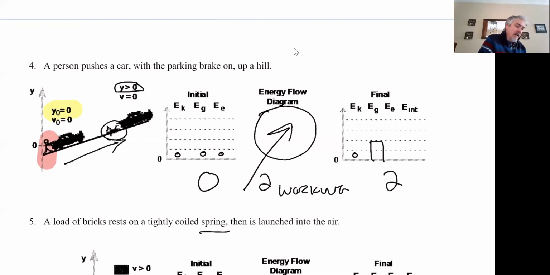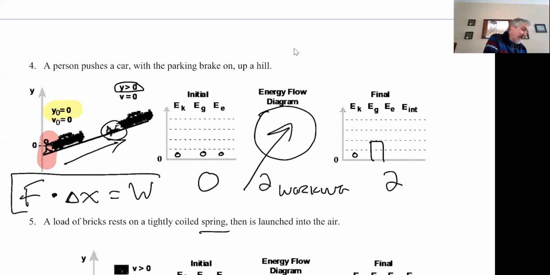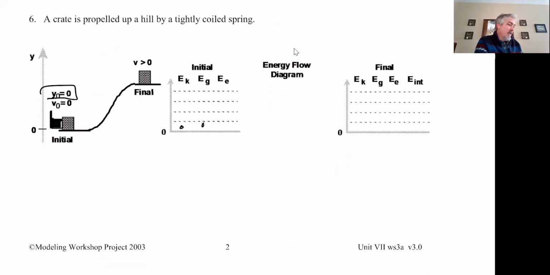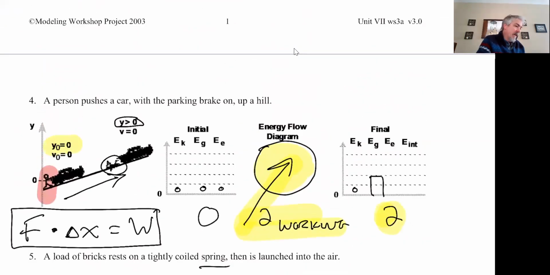They're laying down. They're exhausted because that person applied a force for some distance. That, my friends, equals work. If you apply a force times some distance, you got work done. So that guy pushed the car up there. In the process, he or she deposited 2 bars of work into the system, and then it shows up over there. All right, hope that makes sense. So if energy enters or leaves, you got to show it with working.